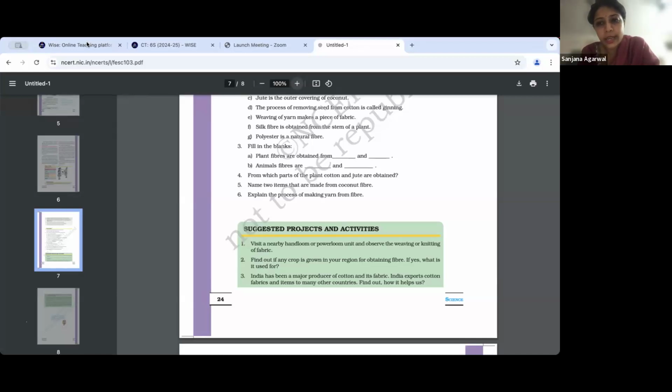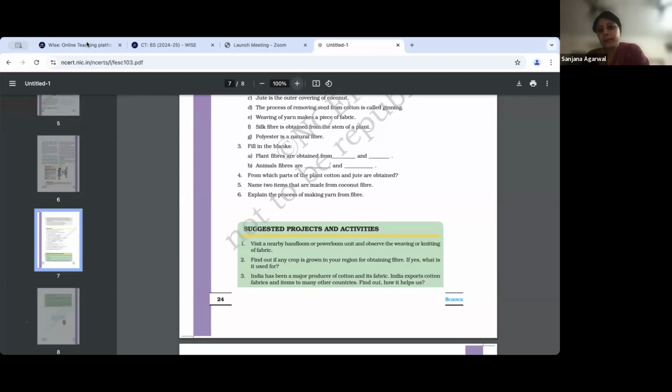Full stop. Then the cotton can be picked up. Noted?